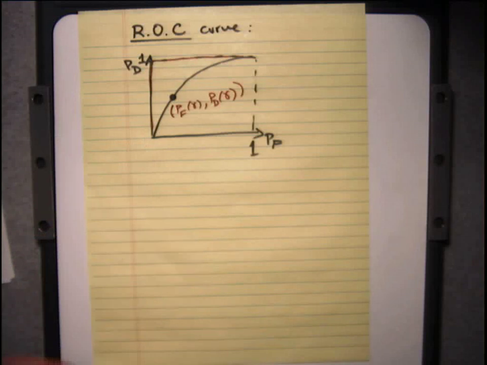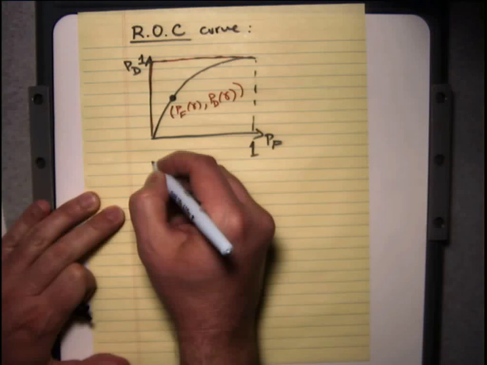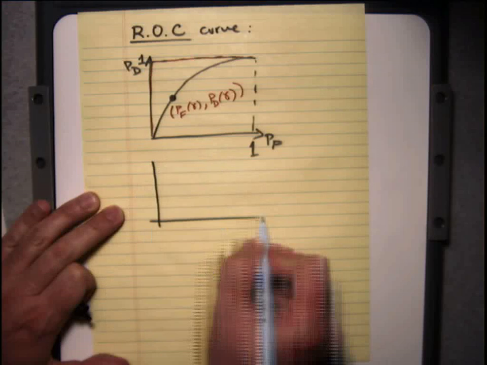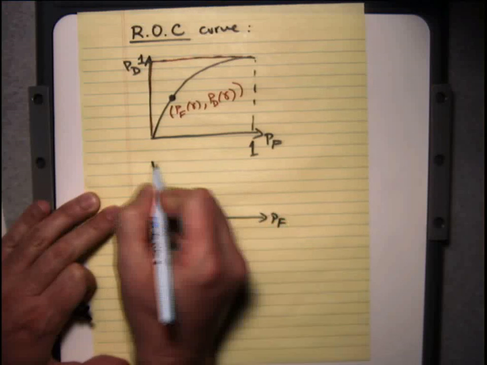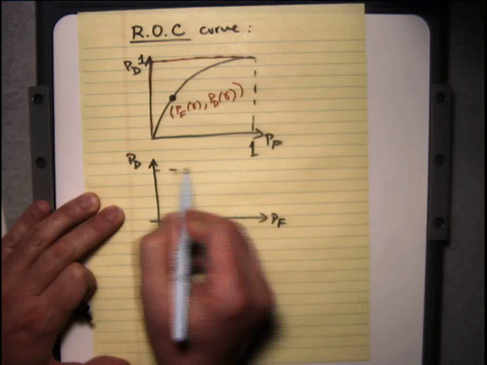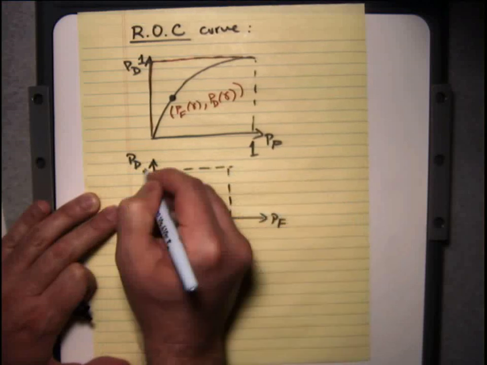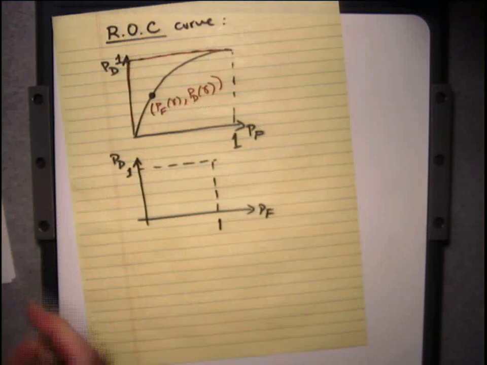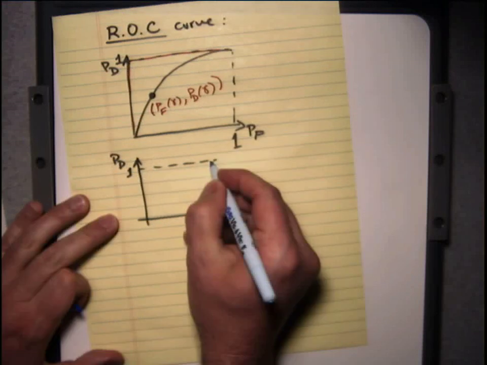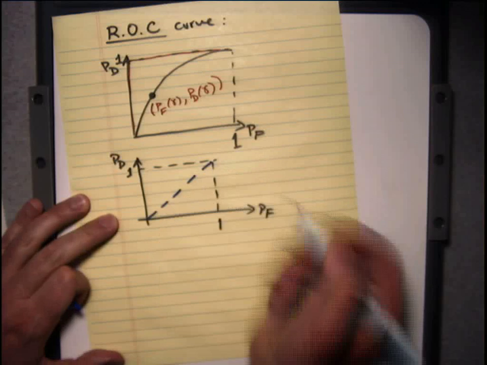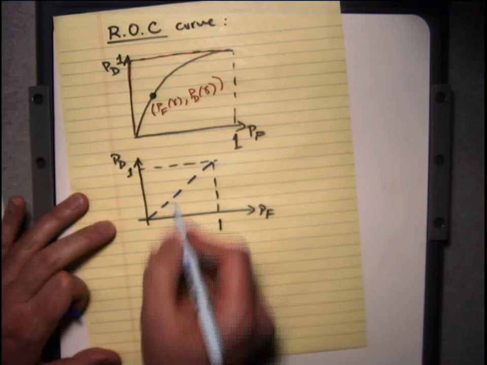So let me draw that on a separate plot. So this is the chance line. Okay, this is at 45-degree angle.